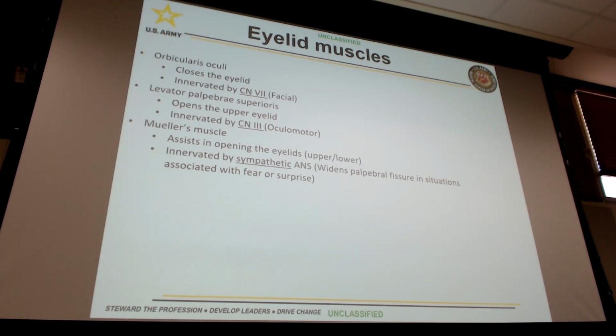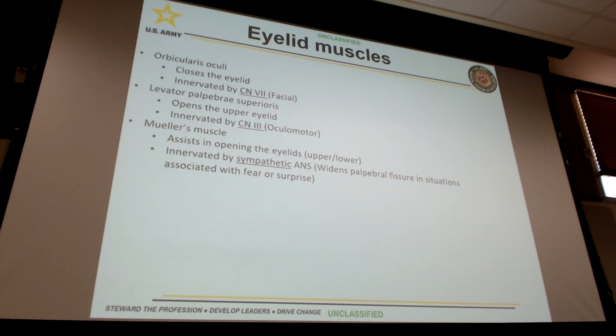And then there's a kind of an accessory muscle that also opens the eyelid, and that's Mueller's muscle. Mueller's muscle is innervated by the sympathetic nervous system, okay, the sympathetic branch. And this is the kind of that fight or flight muscle.